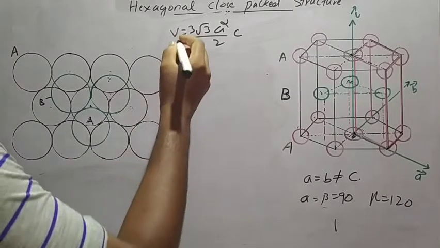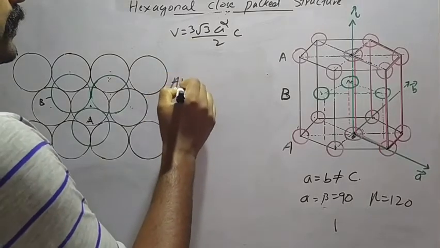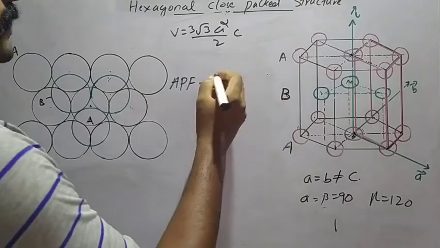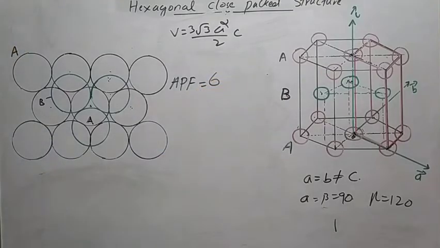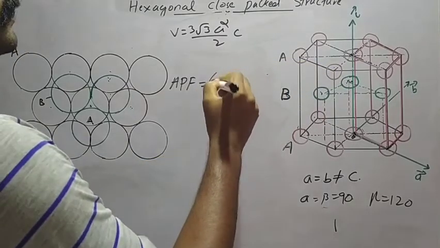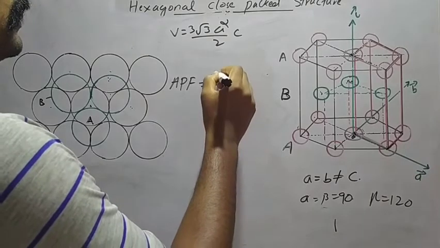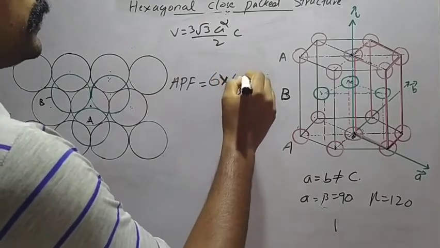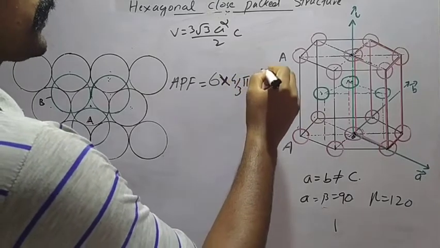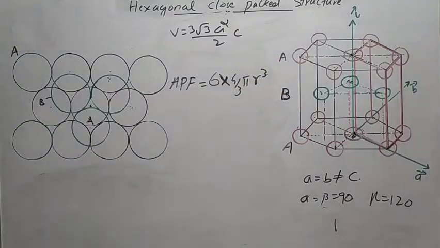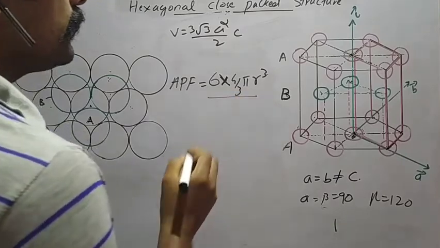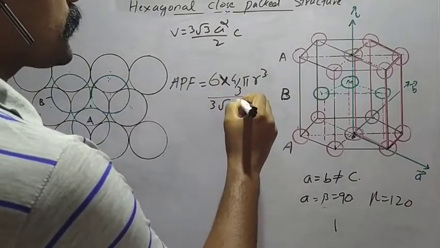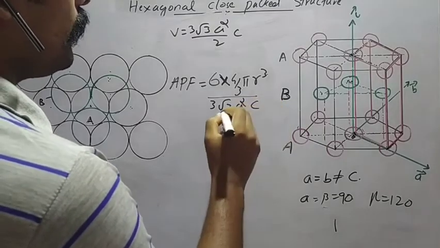Now let's find out the atomic packing fraction. There are 6 atoms inside this unit cell. So 6 into the volume of an atom, 6 into 4 by 3 pi r cube, over the volume of the unit cell, which is equal to 3 root 3 a square c over 2.